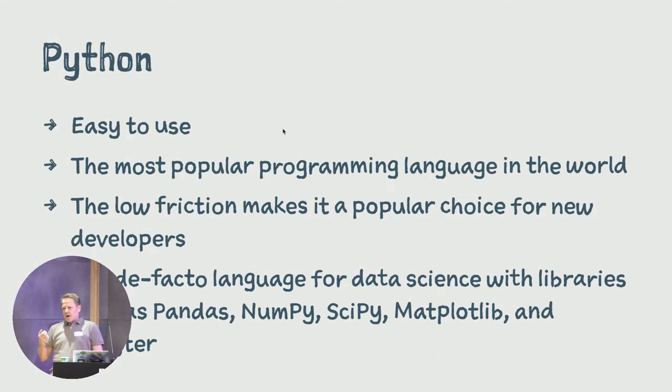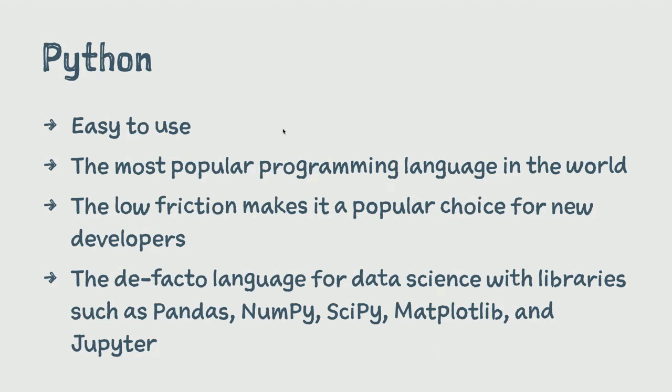So a little bit about Python if you don't know. Easy to use. I would say it's the most popular programming language in the world. It has super low friction, so it's really easy to get started, and that makes it a popular choice for new developers.